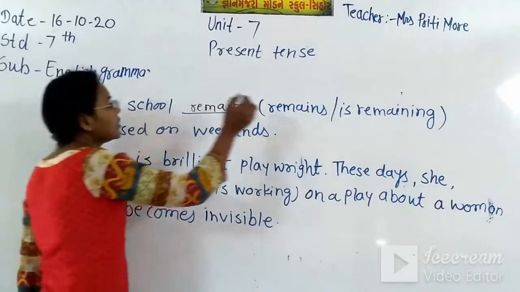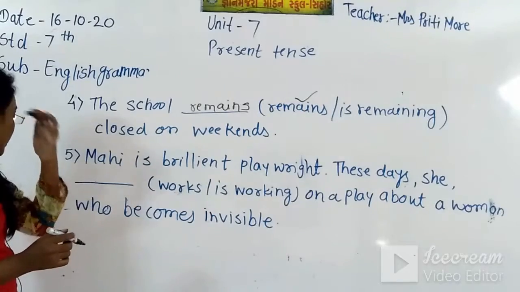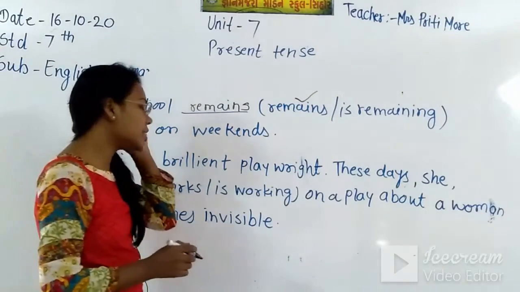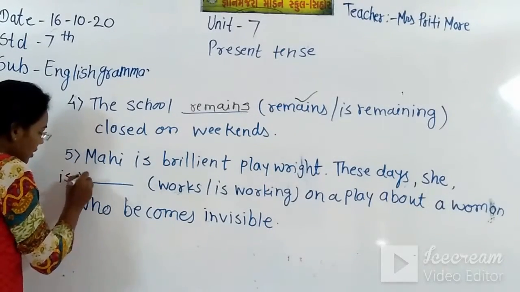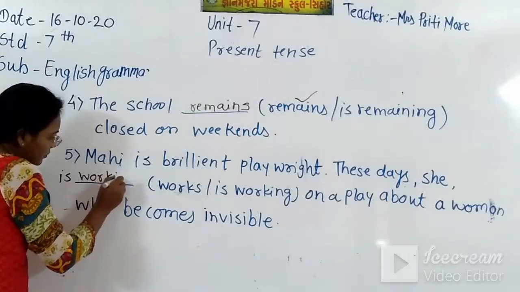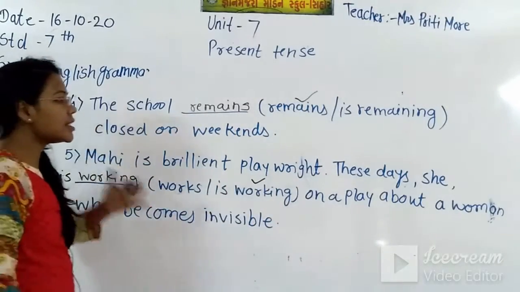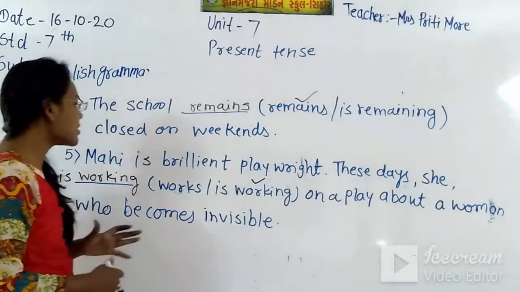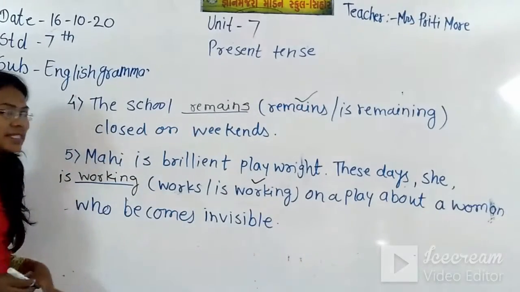So remains is the correct verb for that sentence. Now the fifth one: Mahi is a brilliant playwright. These days she is working. Now, these days means her activity is going on these days. She is working on a play about a woman who becomes invisible.